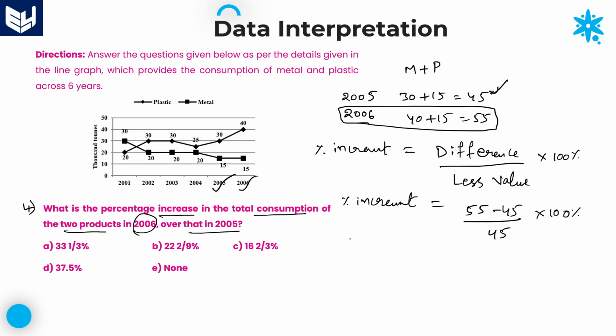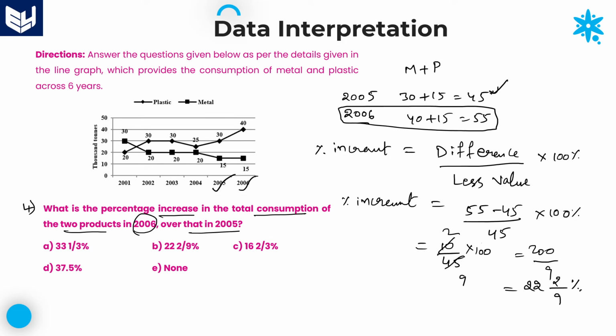So which is equal to 10 divided by 45 into 100. Here 5 2s are 10, 5 9s are 45, and next 200 by 9. 200 by 9 is equal to, 9 2s are 18, and still 2 is left over. 20 means again 9 2s are 18, still 2 is the remainder, 2 by 9.